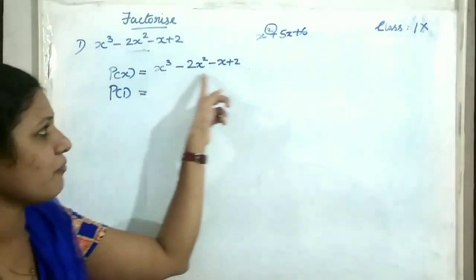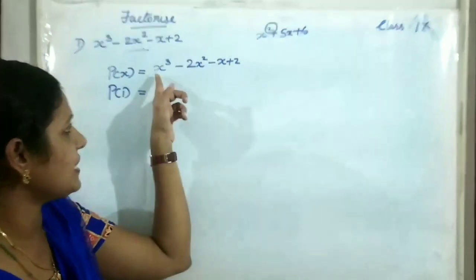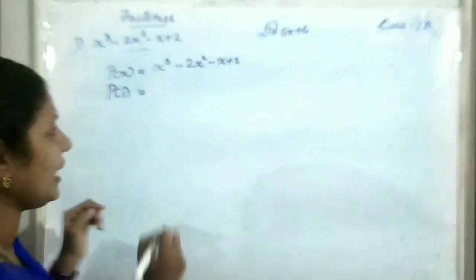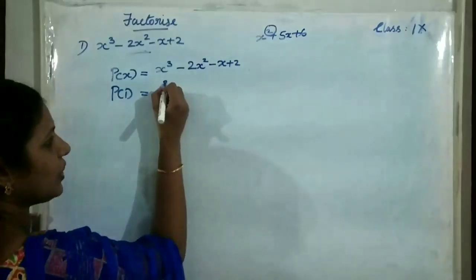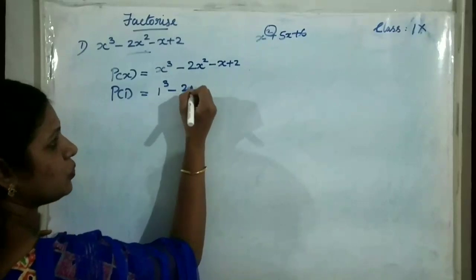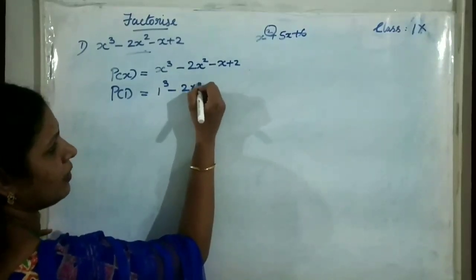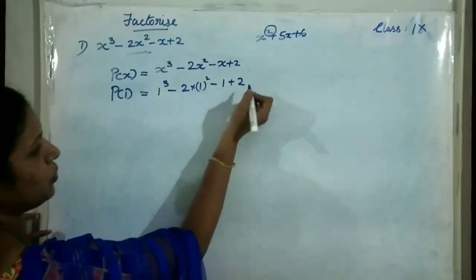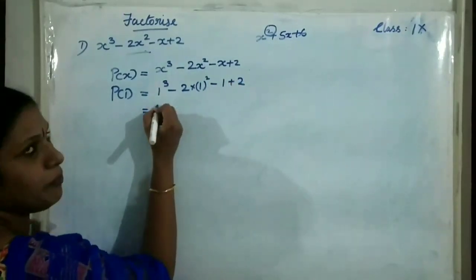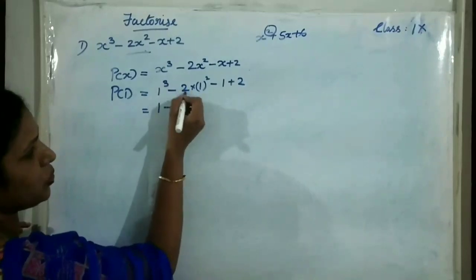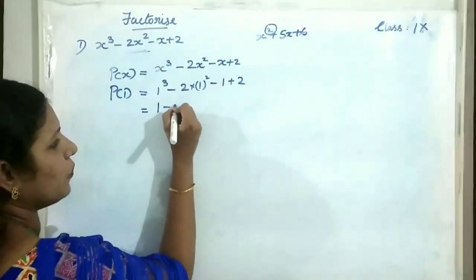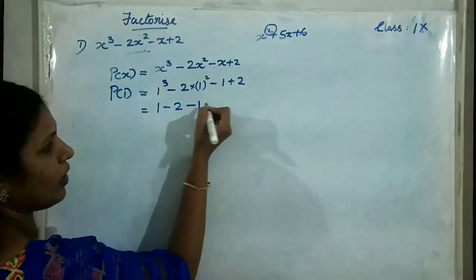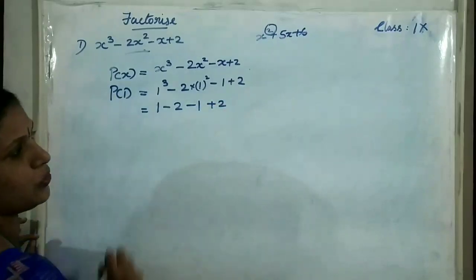For that, in this polynomial, instead of x we put 1. That is 1 cube minus 2 into 1 square minus 1 plus 2. 1 cube means 1, minus 2 into 1 square is 2, then again minus 1 plus 2.